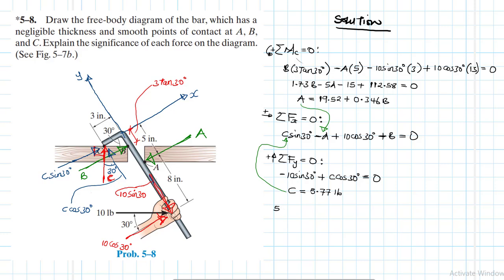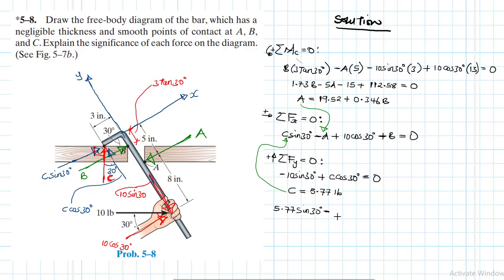Okay, let's do that. If we did so, then we are going to have the following. We're going to have 5.77 sine 30 minus, what is A? A, we said we are going to multiply in advance by a minus.